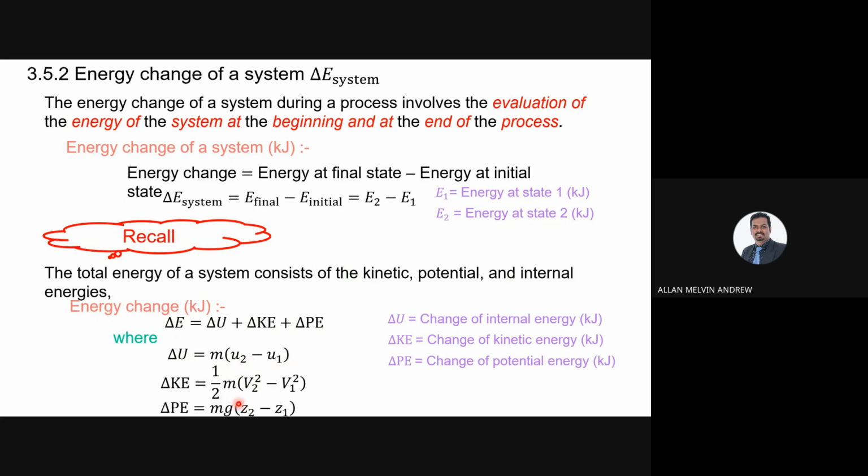If you see all these formulas, they have U2 minus U1, where U2 is the final state minus the initial state. The change in KE is one half m(V2 squared minus V1 squared). The change in potential energy is mg(Z2 minus Z1). So all these formulas can be used.